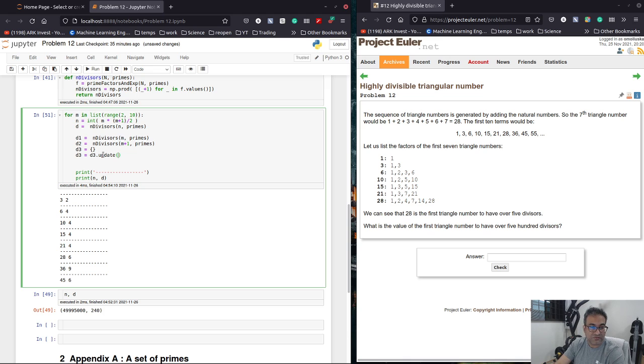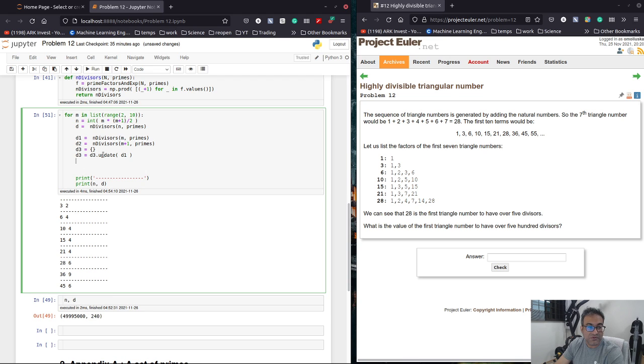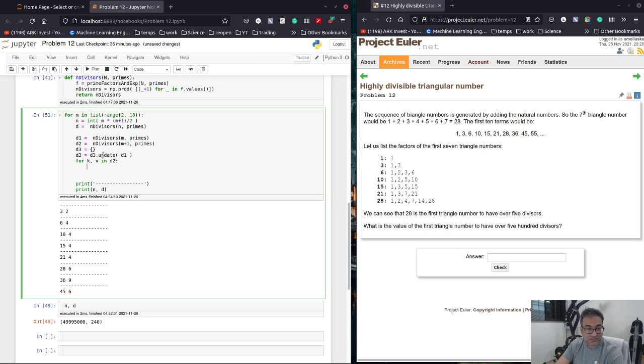So we'll copy all of d1 into d3. We will, for v in d2 like that, d2 dot items.